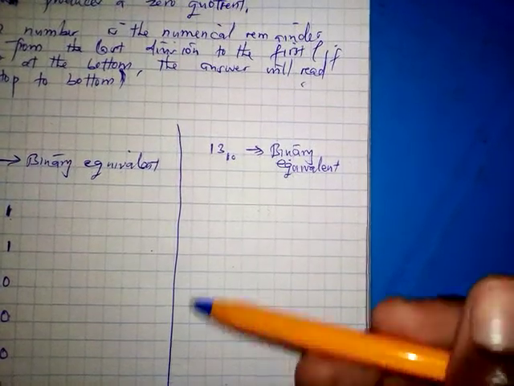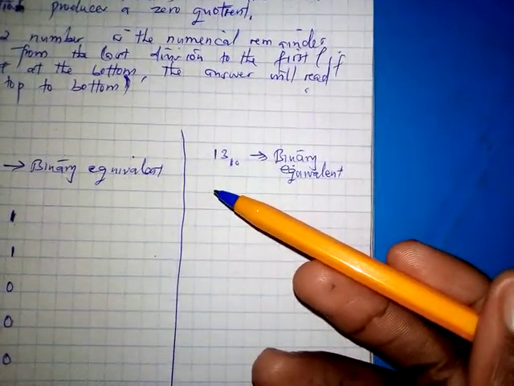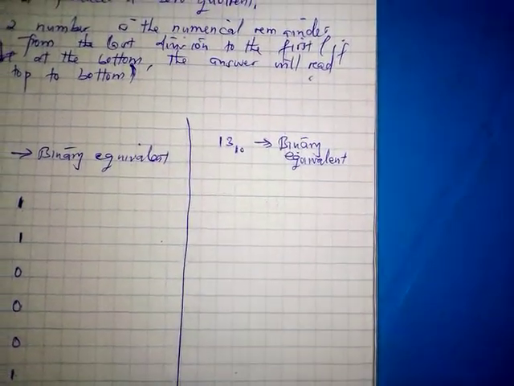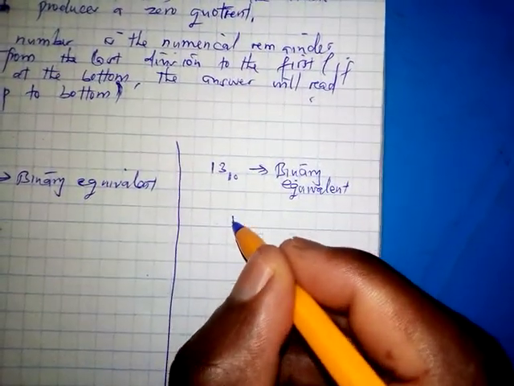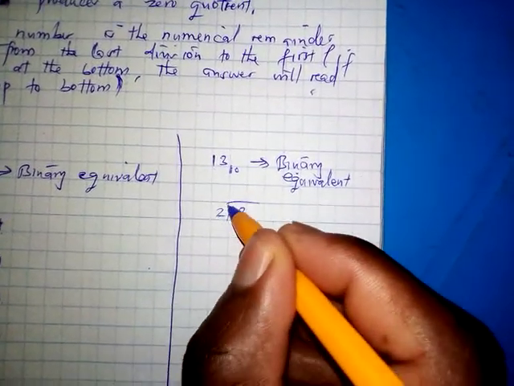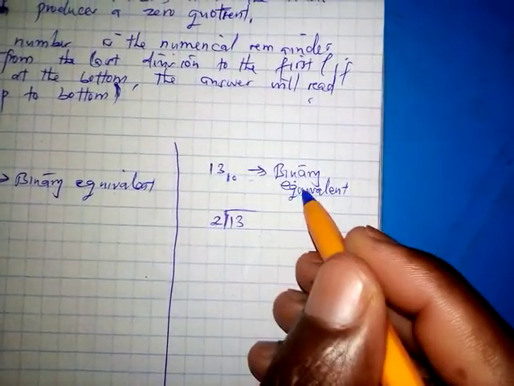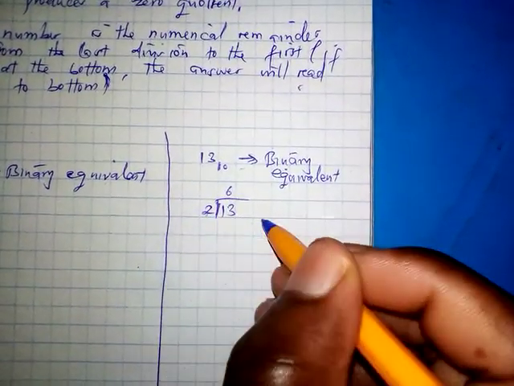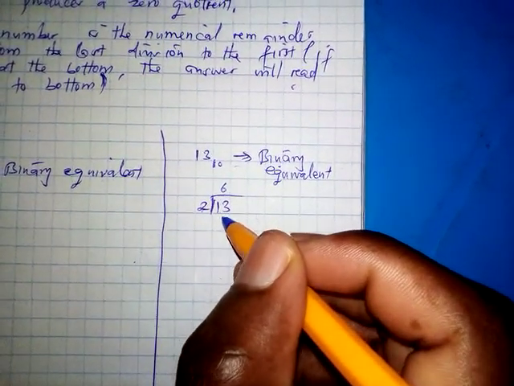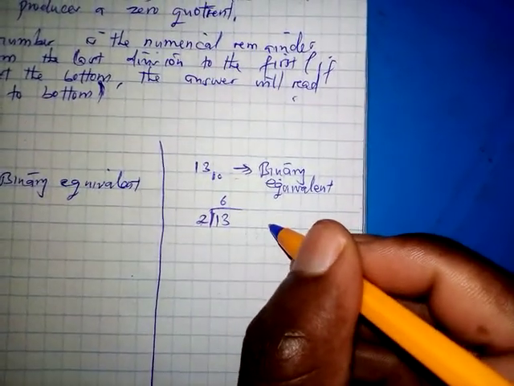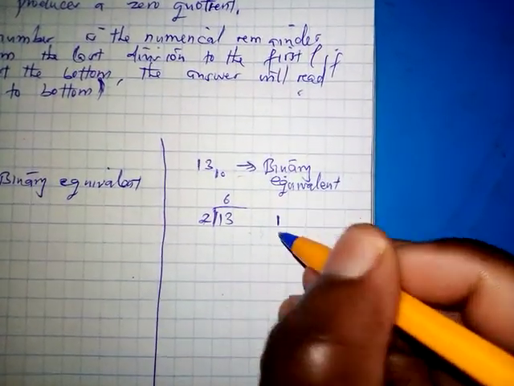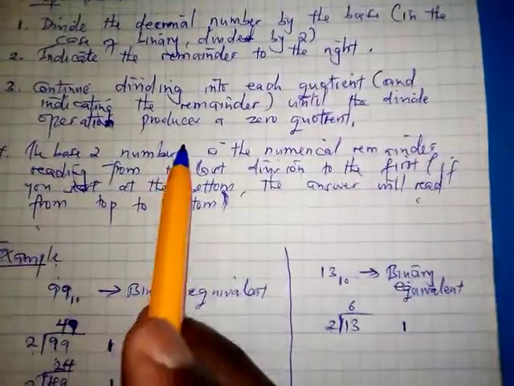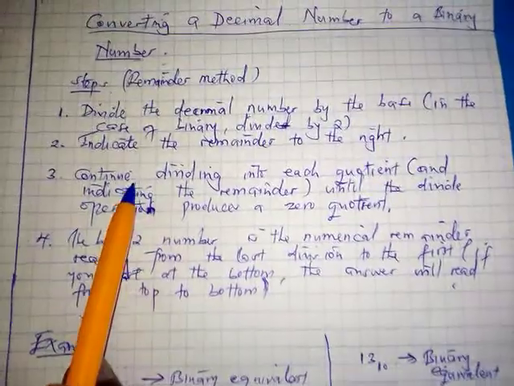You can start from bottom to the top, but I have preferred top to bottom. There's no problem. So it's 13 divided by 2 still, because we want to convert to a binary number. 6 times 2 is 12, so the remainder is 1. We have indicated it to the right. That's step number 2.